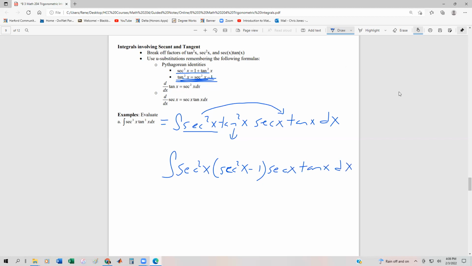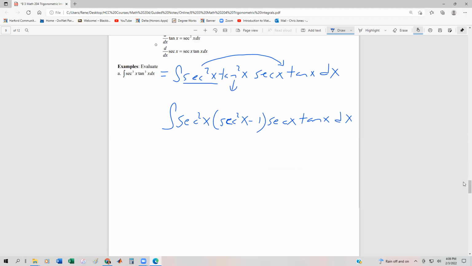Now, this is u-substitution ready. We let u be equal to secant of x, because we know the derivative of secant is secant tangent. So du is going to be sec x tan x dx. This is our du, and each of the secants is going to become a u squared.